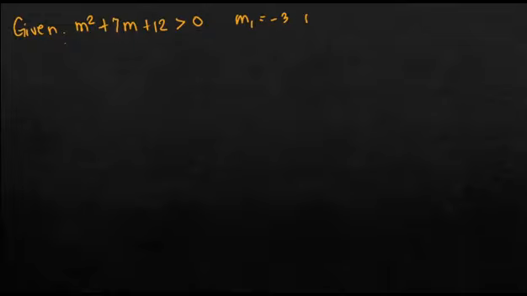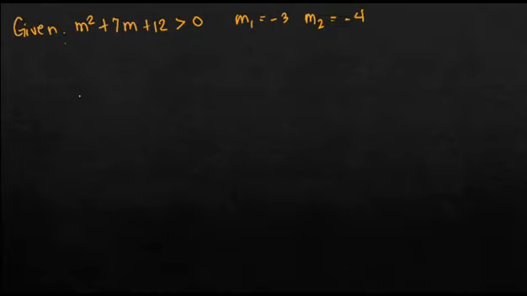So let us take note first of the given. Going back, the given is m squared plus 7m plus 12 greater than 0. And we got a while ago the value of m sub 1, which is negative 3, and the value of m sub 2, which is negative 4.